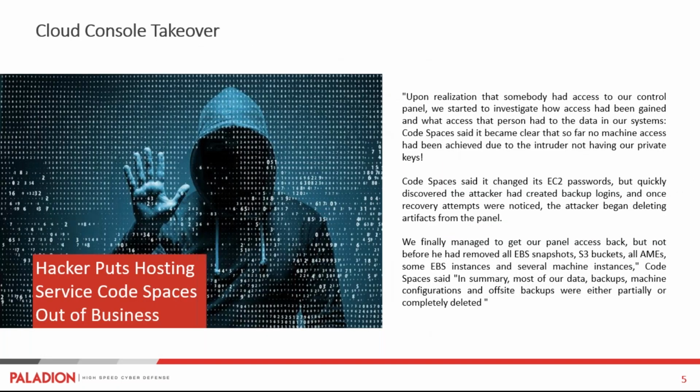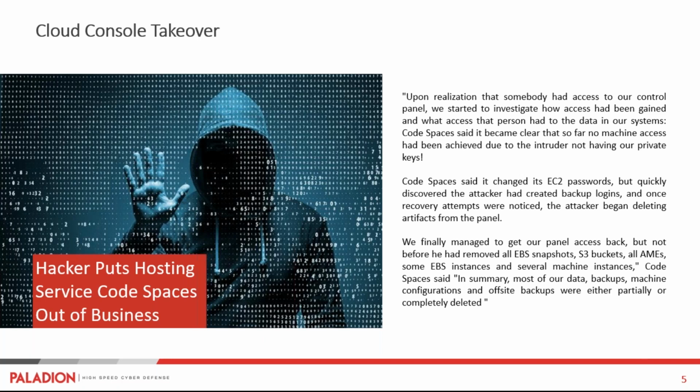So cloud console takeover. In this specific example, attackers took over the AWS console account of CodeSpaces and asked for ransom. Now, CodeSpaces was a project management and a JIT hosting company where you could upload your code for DevOps. It started with a DDoS attack, which later we found out was a diversion. The attacker actually had compromised AWS EC2 instances and left a message for ransom.